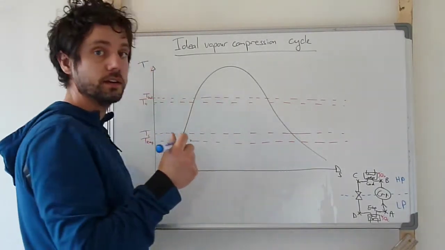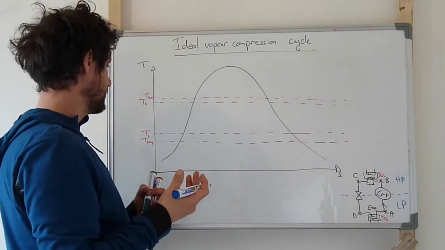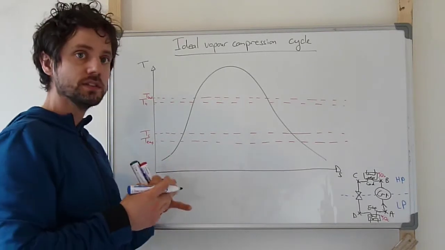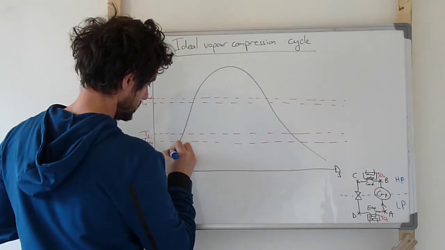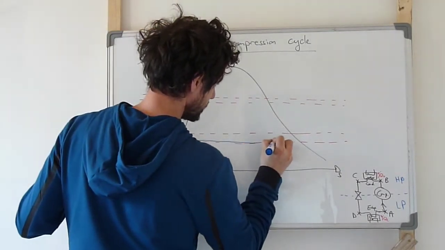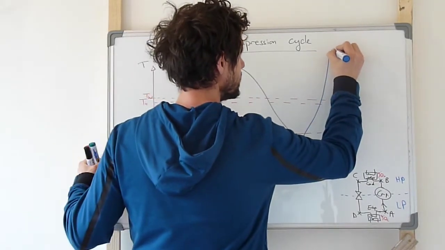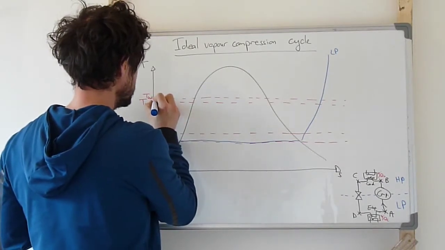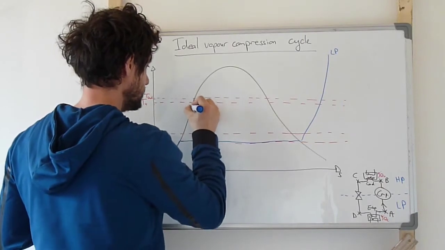So here we can draw schematically the isobaric lines that are merged with these temperatures inside the 2-phase zone. So for the low pressure, it will be like this, and for the high pressure, like this.